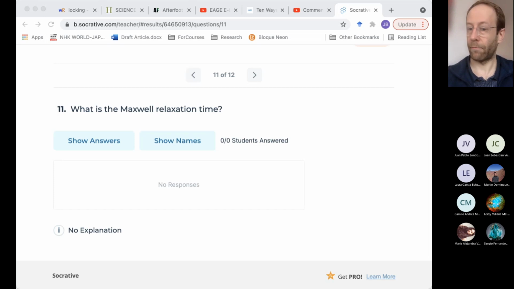Maybe, maybe not. Yes, I find the answer: the characteristic time scale of which the stress decays when the Maxwell material is suddenly deformed and held to a certain strain.